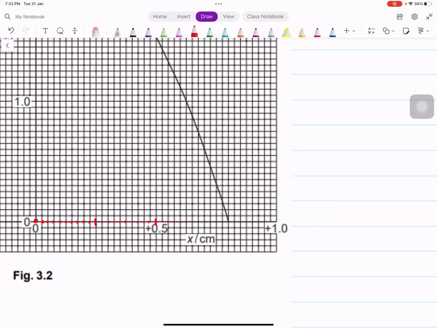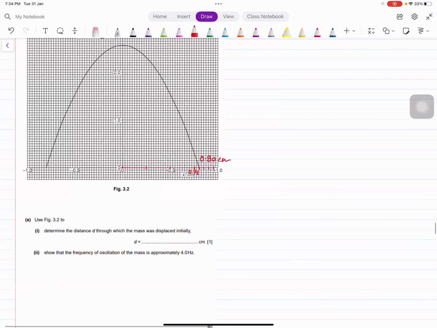This is 0.75, right? And this will be 0.8, 0.85, 0.9, 0.95. Okay, so this is 0.8, right? You guys agree?